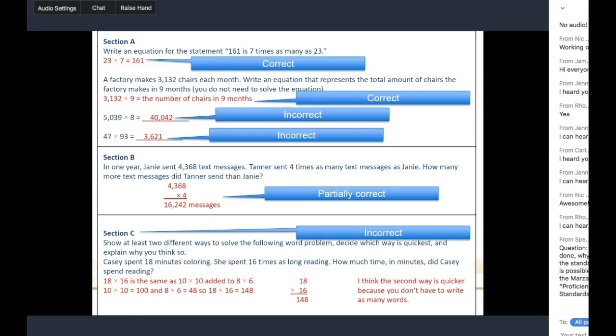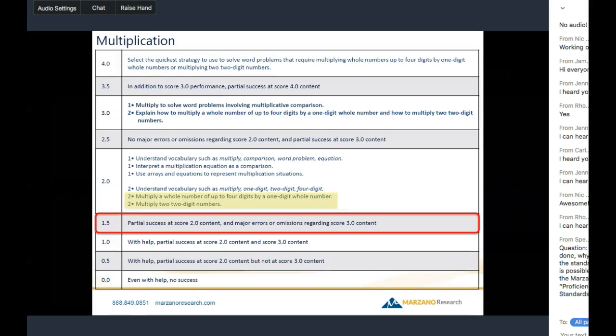In Section B, the equation that they wrote, 4,368 times 4, that's correct. They've interpreted the situation correctly. The incorrect part is the answer, 16,242. That's not the right answer. And then in Section C, where they've kind of explained their reasoning, it becomes clear that the strategy they're using to perform multi-digit multiplication is not correct.